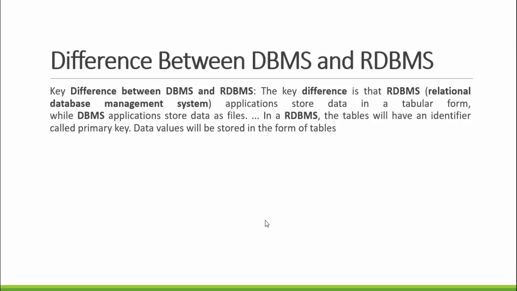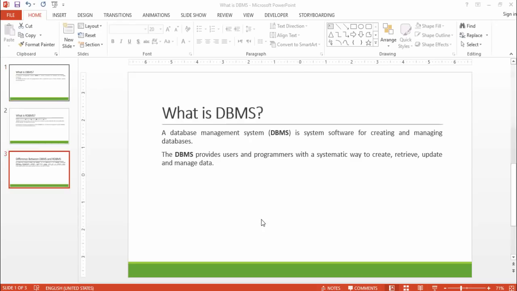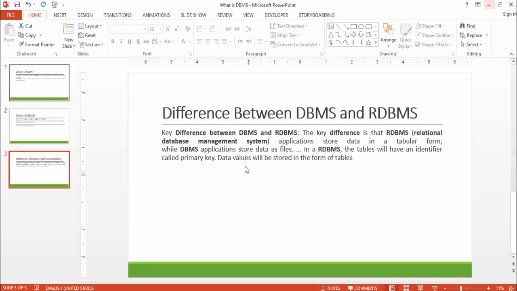In RDBMS, the tables will have an identifier called primary key. Data will be stored in the form of tables. This is a very simple introduction. You can learn more from articles on Google, right? And this is a very simple introduction all about DBMS and RDBMS.